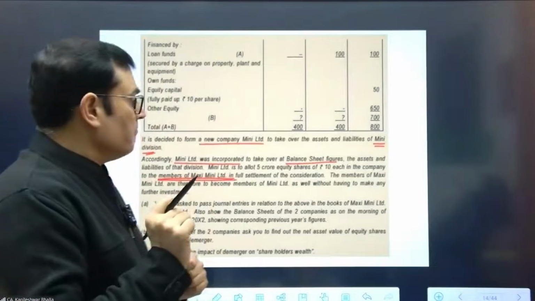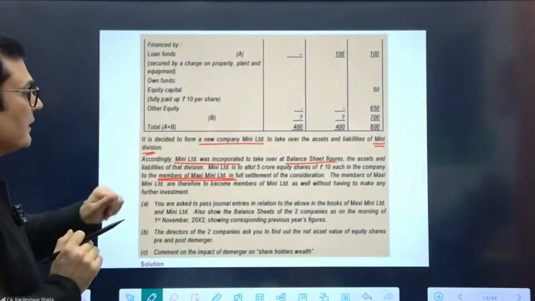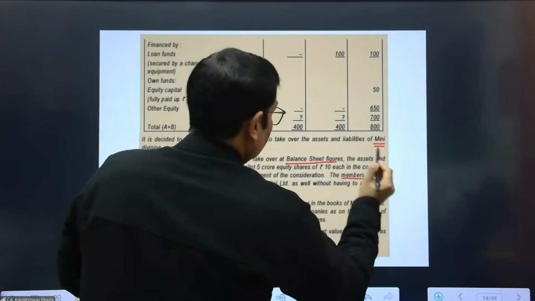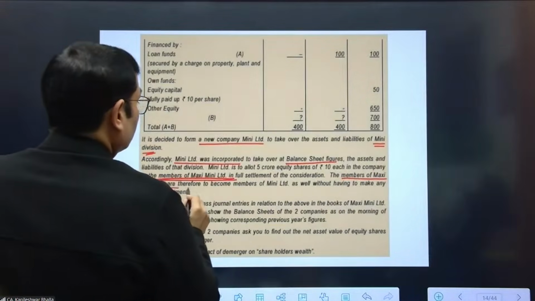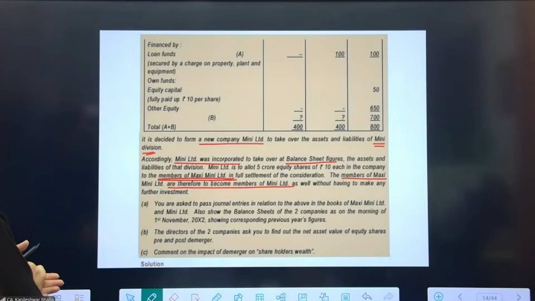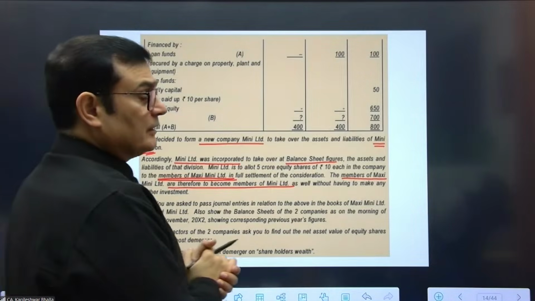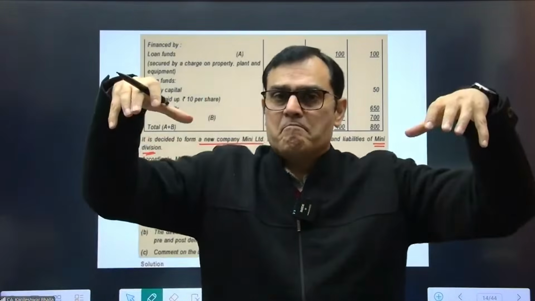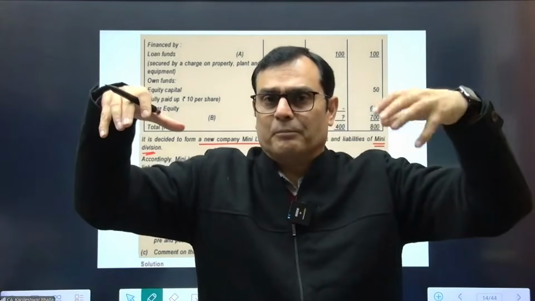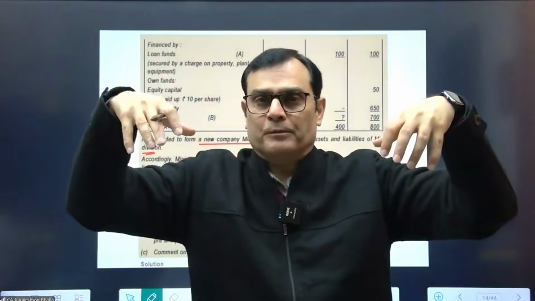And in this case, Maximini members are getting the shares from Mini. It says the members of Maximini are therefore to become the members of Mini as well without having to make any further investment. So is it good to say that Maximini was earlier under the control of the same people, and even Maximini and Mini is still under the control of same people?